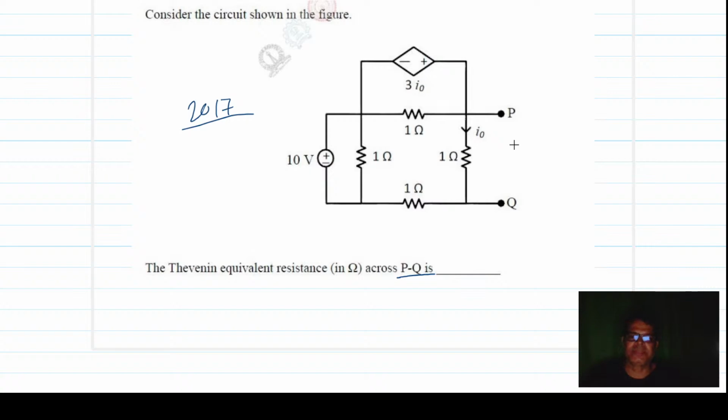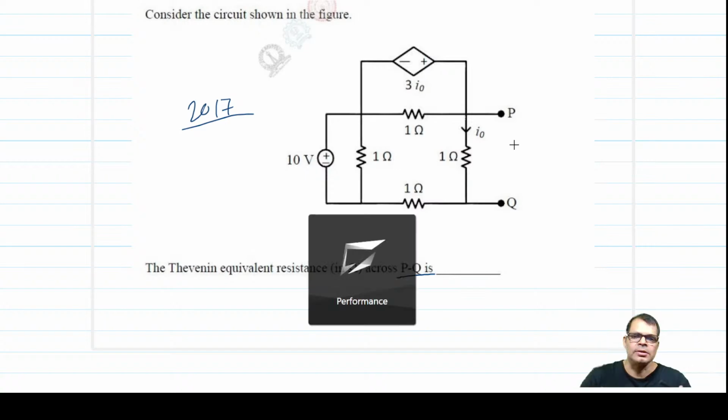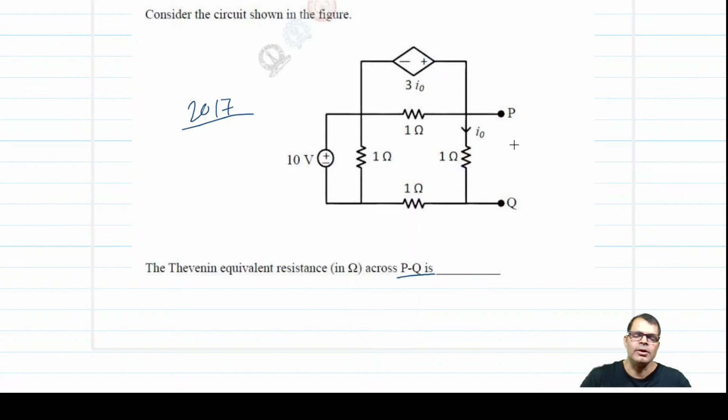Just before, we applied that concept and divided the open circuit voltage by the short circuit current to get the Thevenin resistance. You need to choose the relation so that you get the answer easily.